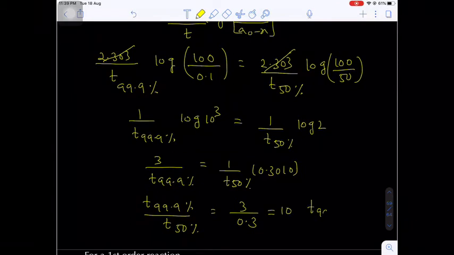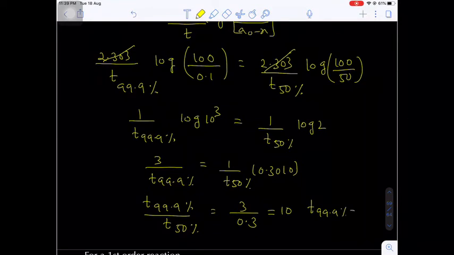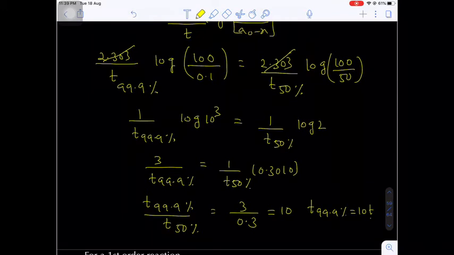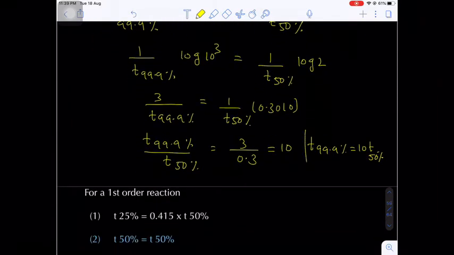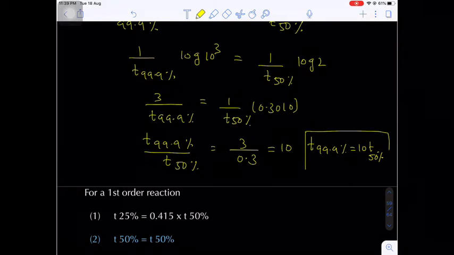That means time taken for the completion of 99.9% will be equal to how many times of the half-life? 10 times of the half-life. Are you getting my point?